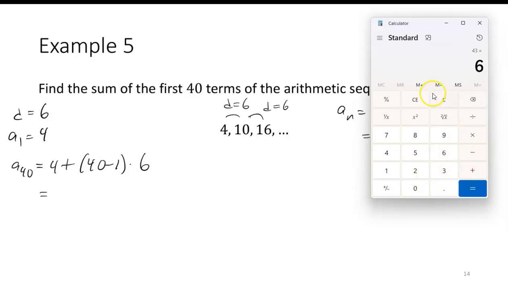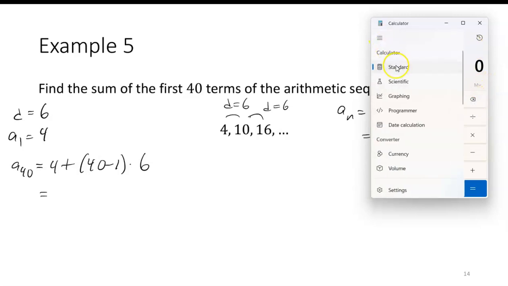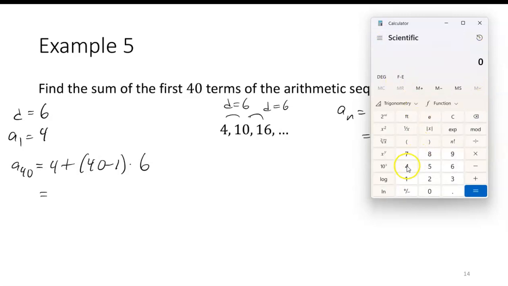Order of operations, let's see here. 40 minus 1 times 6. So I end up with 238.